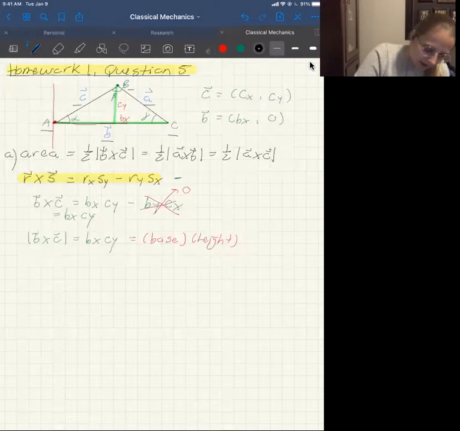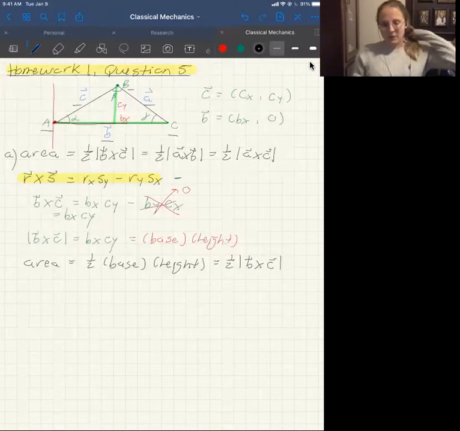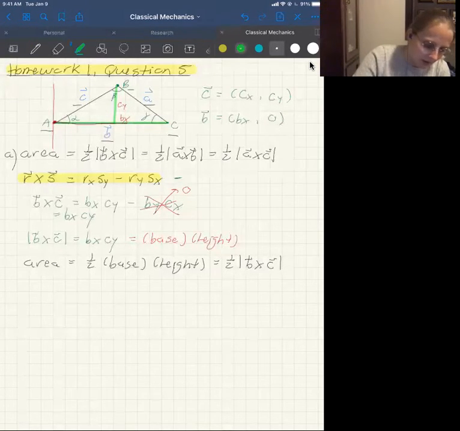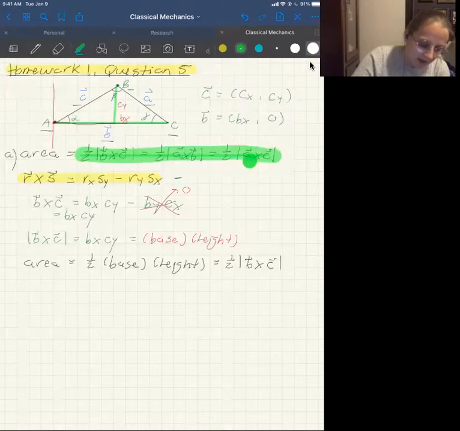And we know that the area of a triangle is equal to 1/2 base times height, which means that the area of this triangle is equal to 1/2 of the magnitude of the cross product of b and c. So that's how you prove this. I only showed how to do 1/3 of this equation up here, but you can do the other two terms in a similar manner.